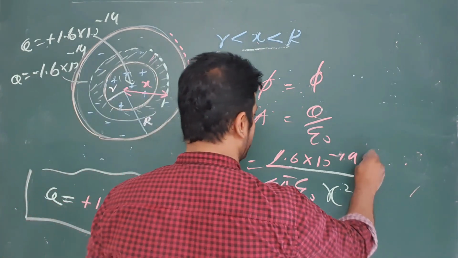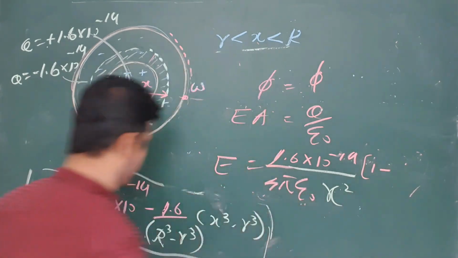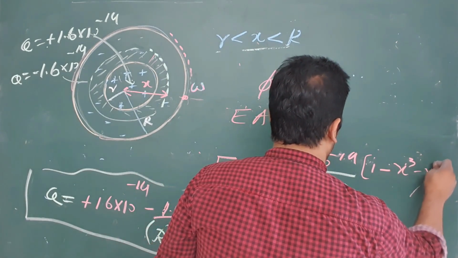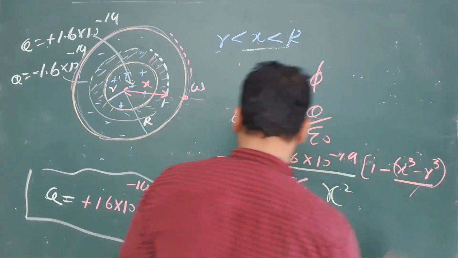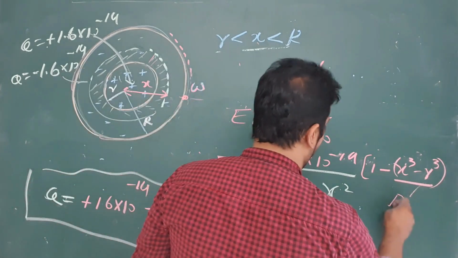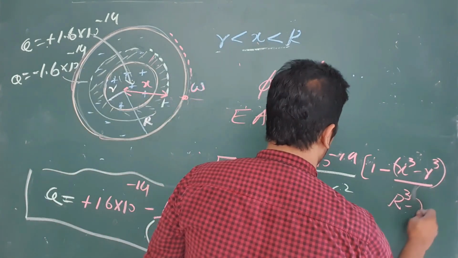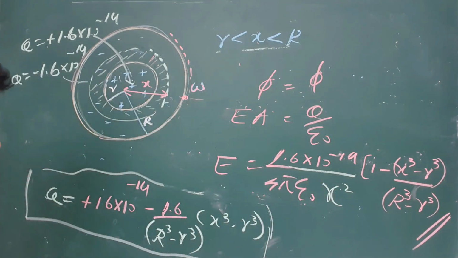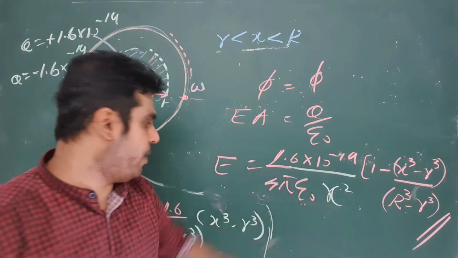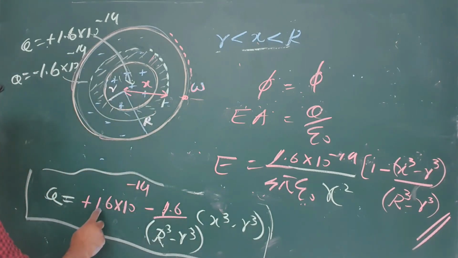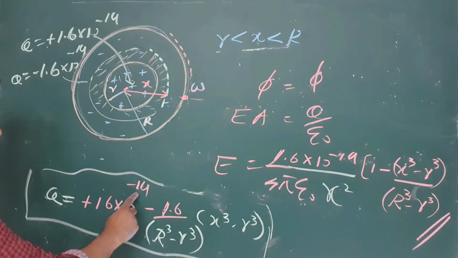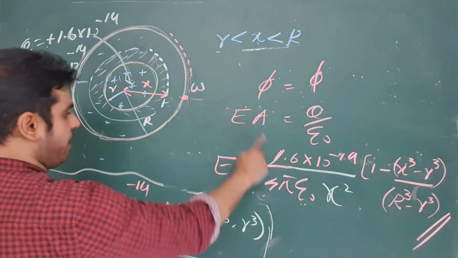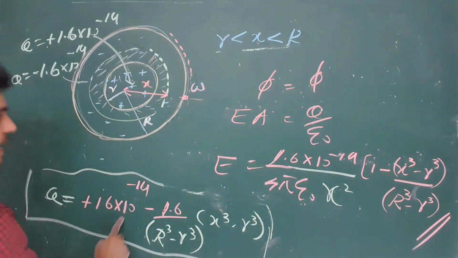I take the common factor 1.6 into 10 to the power minus 19 in front of the bracket. Inside the bracket: 1 minus x cube minus r cube, divided by capital R cube minus small r cube. Now this is the value, divided by 4 π x square epsilon naught.